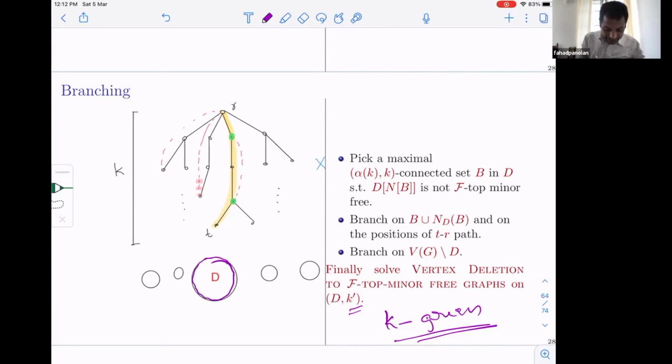At the end we just do one execution of the vertex deletion problem, and if we get a yes answer, whatever deletion set we get, we place that in this filled location, and that gives you the elimination forest. Okay, any questions?